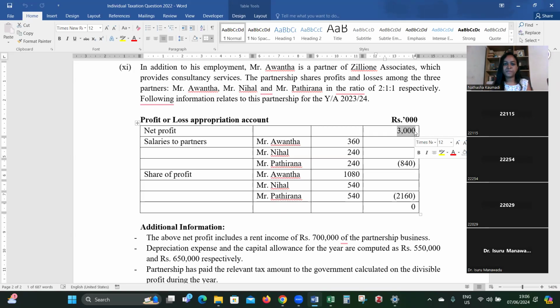Usually, if you take net profit after deducting salaries, we have to add back salaries. But here there's no need to add back the salaries because 3,000 means before deducting the salaries. So there's no adjustment for salaries with this 3,000. Remember that point.